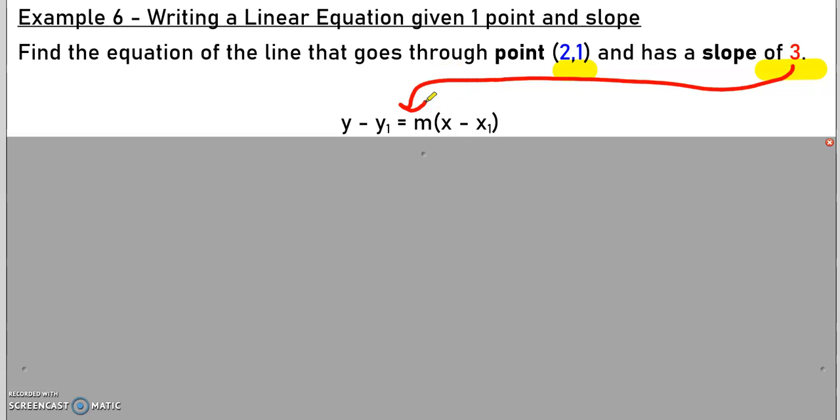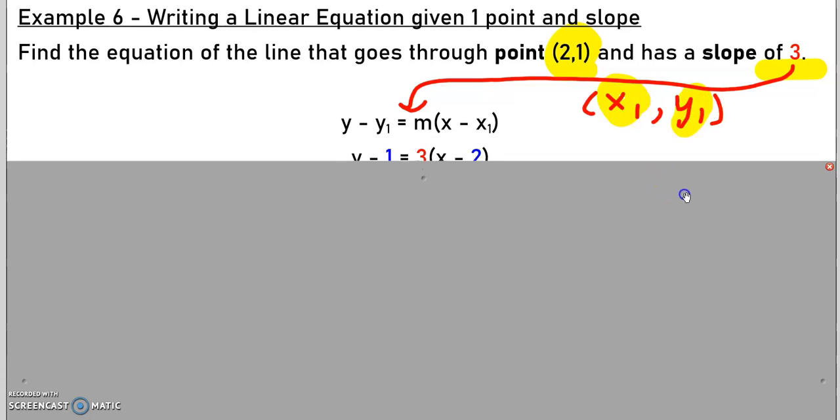And this point, we know a point is going to be (x1, y1), okay? And that's what I'm going to do. We leave the plain y and x. Okay, I leave that y and I leave this x, but I substitute this 2 and the 1 in for x1 and y1.